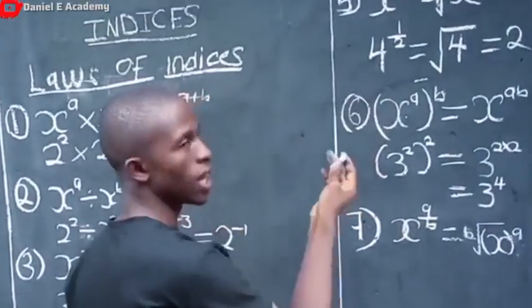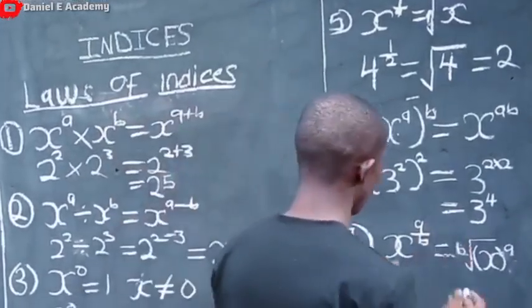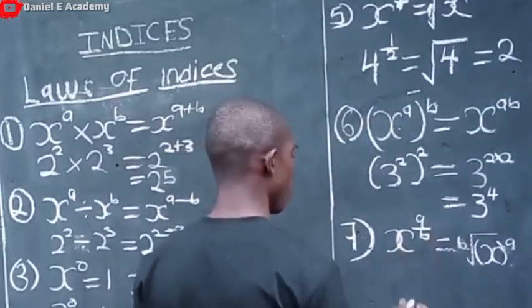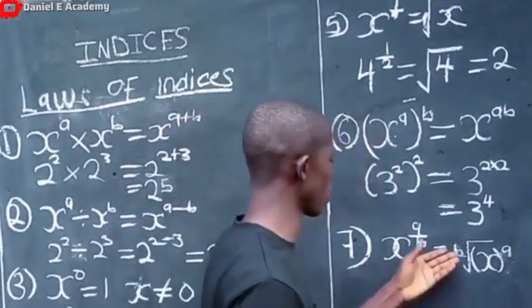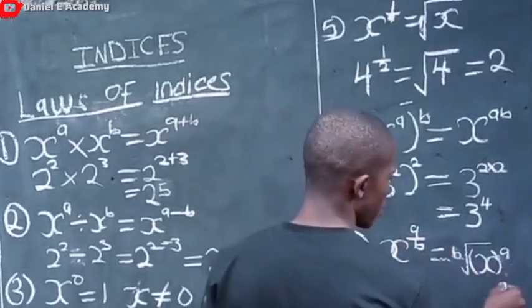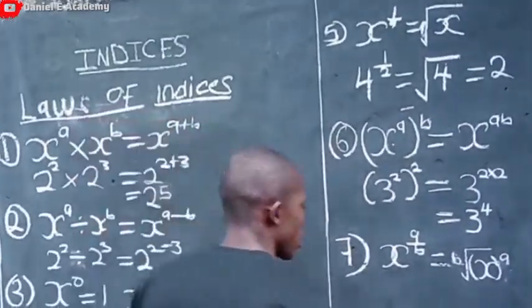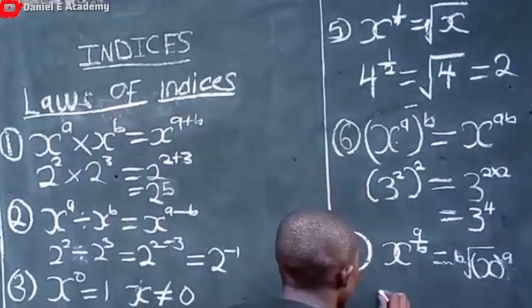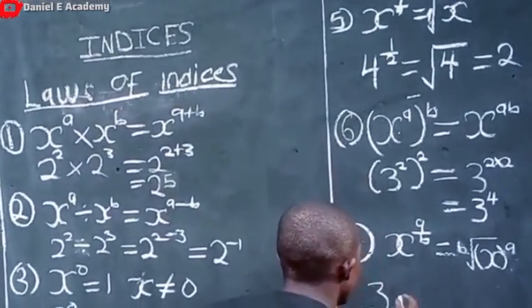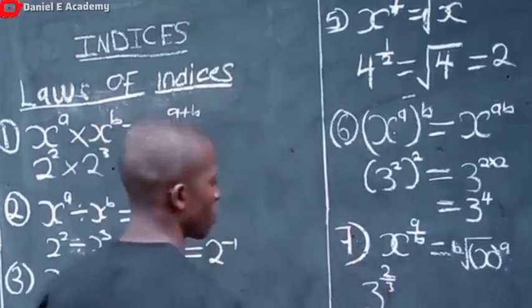This law is similar to the fifth law, but the difference is that the fraction is a over b, while the fifth law's fraction is 1 over a. Let's illustrate with an example. 3 to the power of 2 over 3.